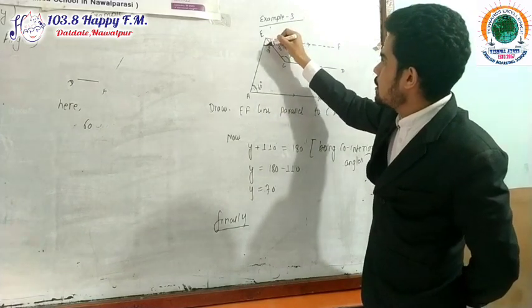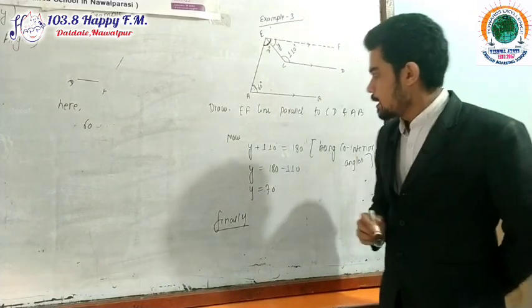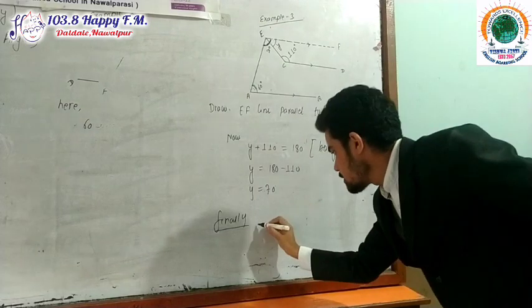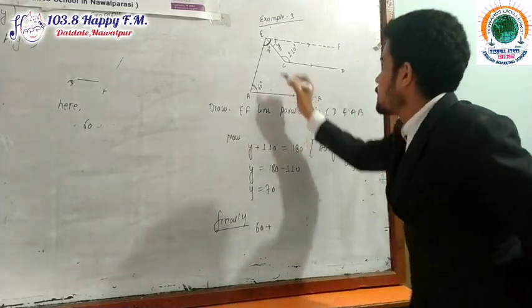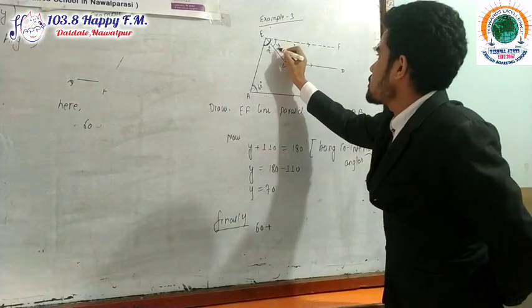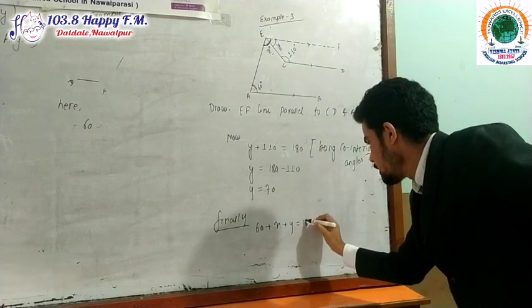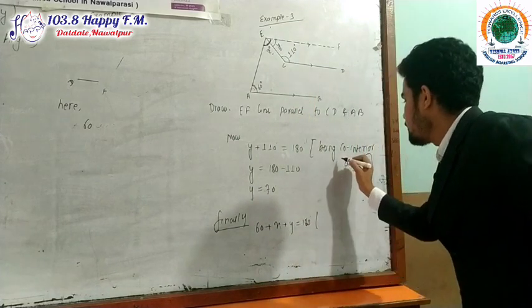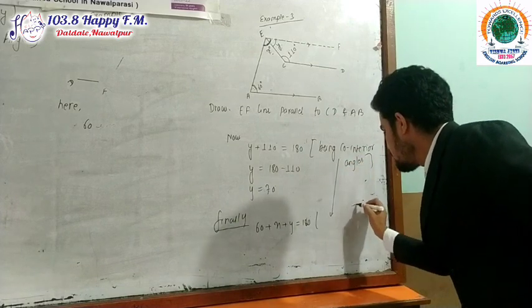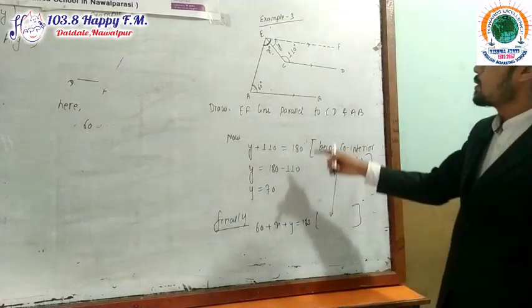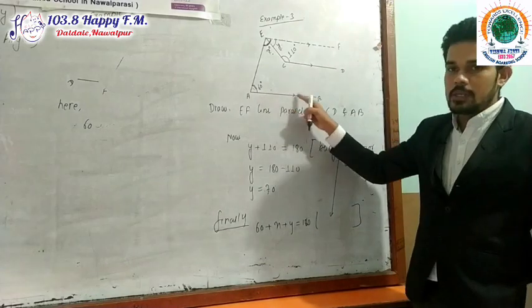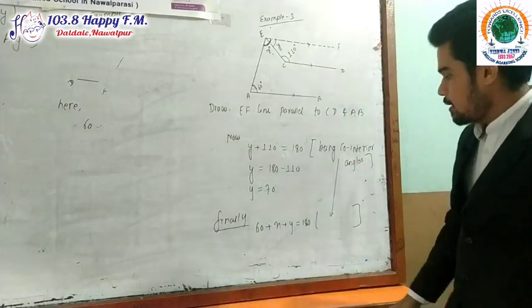60 degree, and this whole angle, that is X and Y, whole angle will be co-interior angle, that is 60 plus the whole angle, meaning the sum of X and Y, that is X plus Y is equal to 180 degree. The reason is the same, being co-interior angles, as the lines AB and EF are parallel to each other.